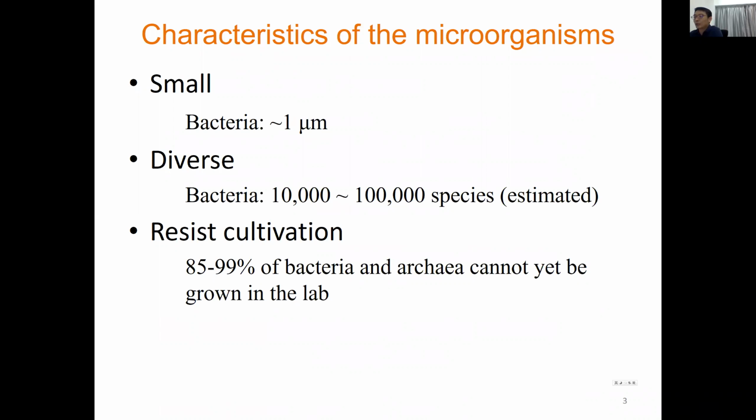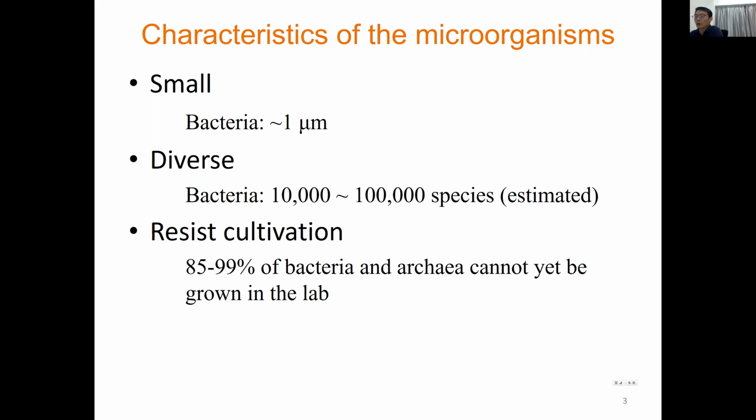First of all, the microorganism is very small. For example, the size of a bacterium is only about 1 micrometer. Also they are very diverse. It is estimated that there are 10 to 100,000 bacterial species on our Earth. And in a wastewater treatment bioreactor, usually there may be 1 to several thousand different species.